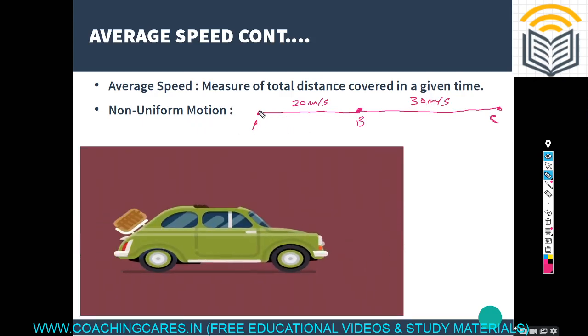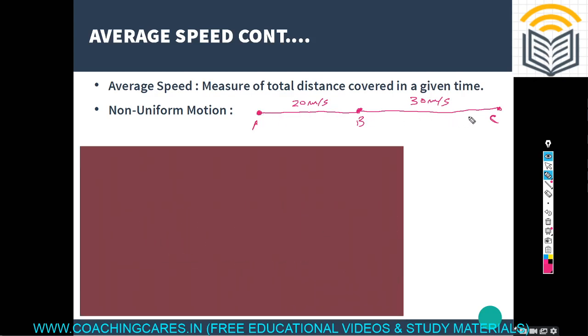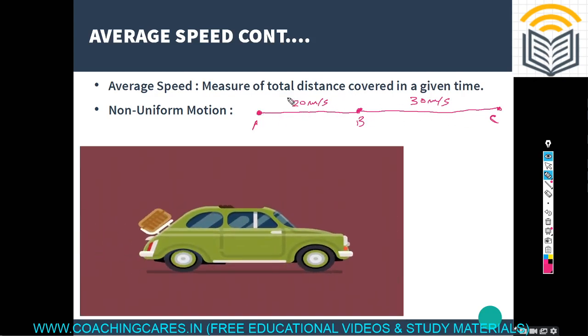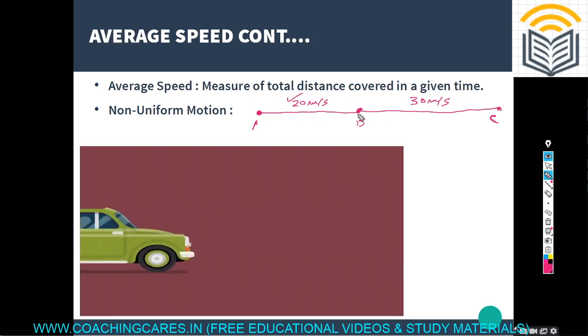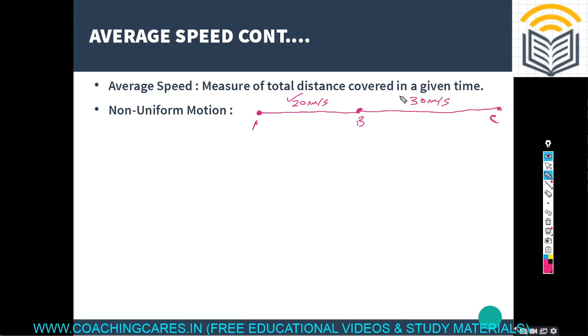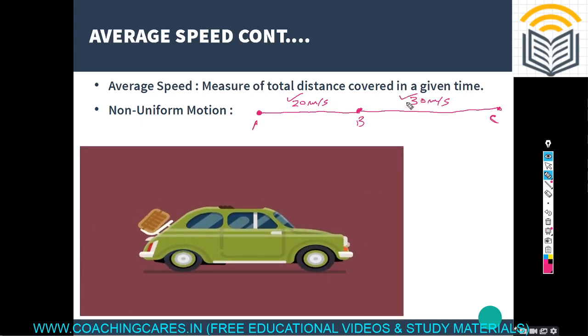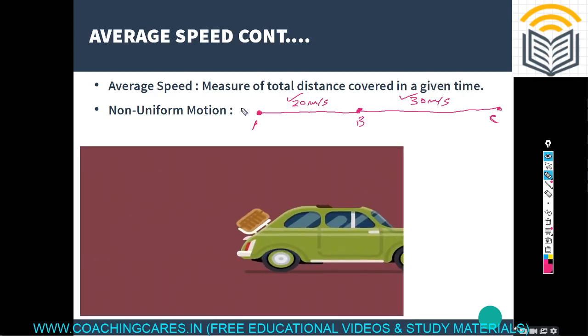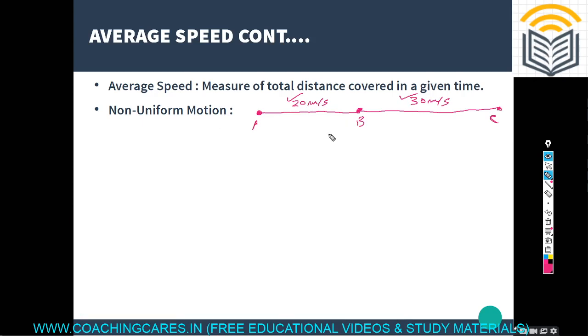Observe this: it is not a uniform speed. The speed is 20 between A and B, and 30 between B and C, so the speed is changing. So this is a non-uniform motion, and we are studying how to calculate the average speed.